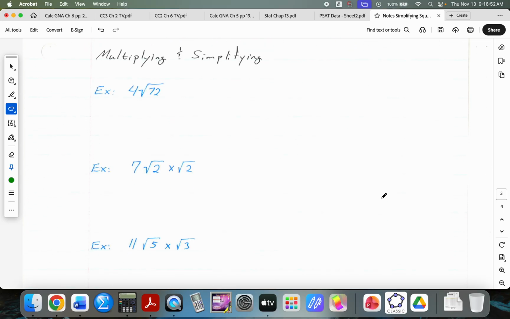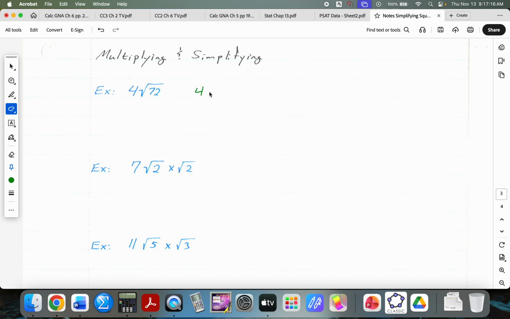All right, let's talk about multiplying and simplifying. You will not have a lot like this first one, although you'll probably have a couple where they'll have 4 times the square root of 72. This is really just, I gotta simplify the square root of 72 and then multiply that answer times 4.